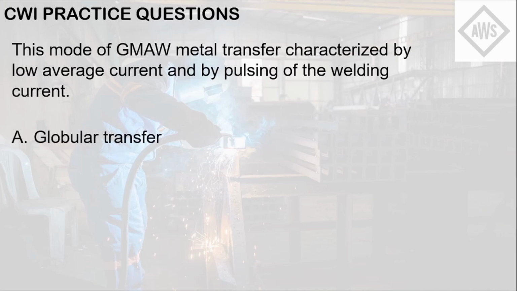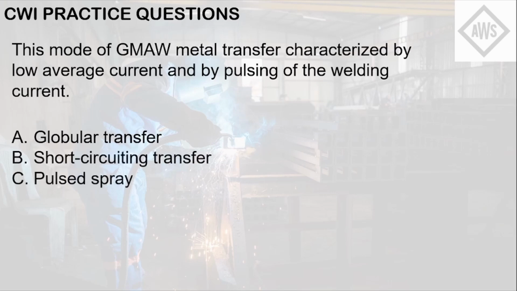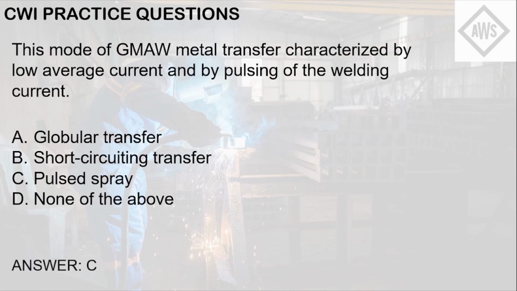Letter A, globular transfer. Letter B, short circuiting transfer. Letter C, pulse spray. Letter D, none of the above. From the question itself, it indicates pulsing and low average current, so the answer here is fairly obvious: pulse spray, letter C.